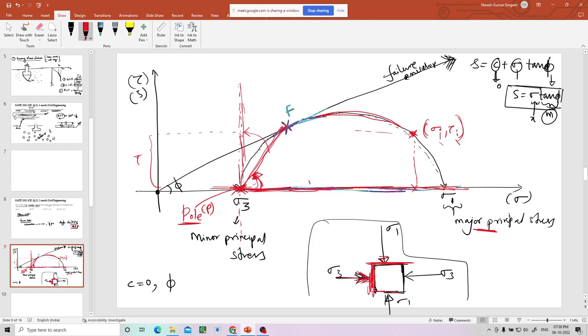So how to find out this? Let us join the center. Actually I couldn't draw nicely, but anyway, I'll take the failure point somewhere here. This is the failure point, let us say.